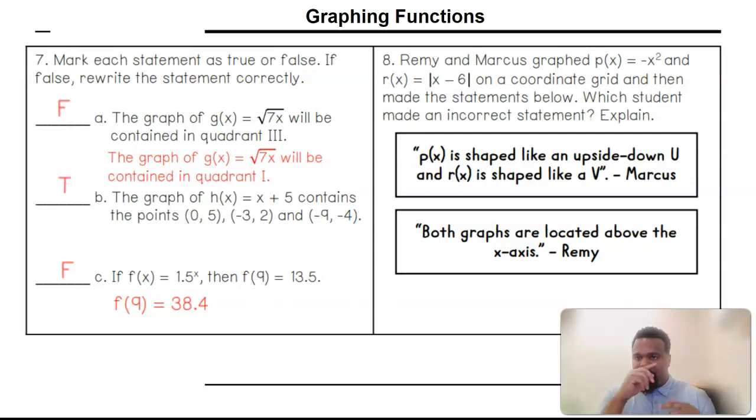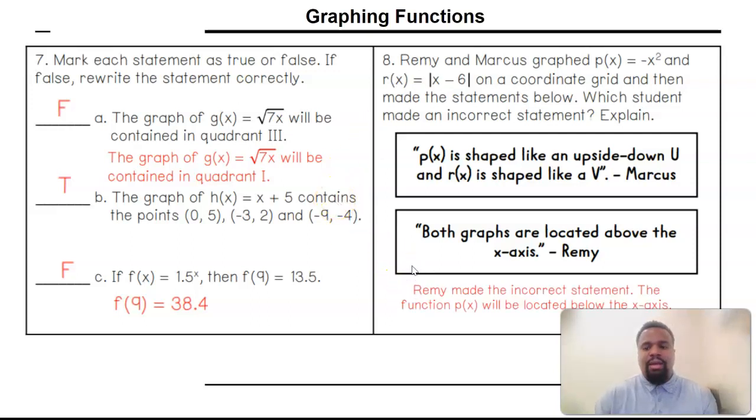If we were to input both of these graphs into a graphing calculator, we would see that Remy made the incorrect statement, because p of x is below the x-axis, and we know that because it's -x. Since it's -x, it's going to be below the x-axis, not above. So Remy made the incorrect statement.